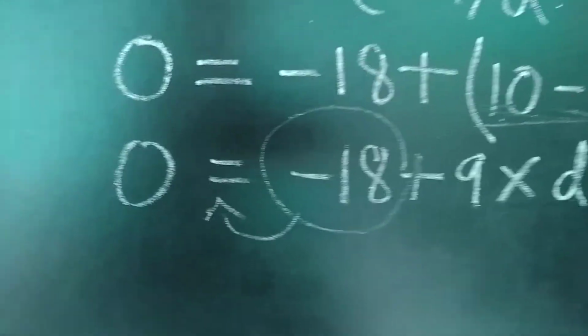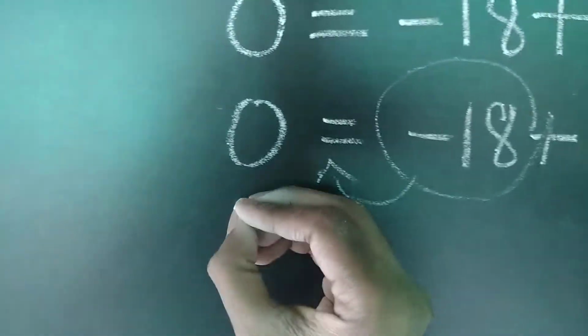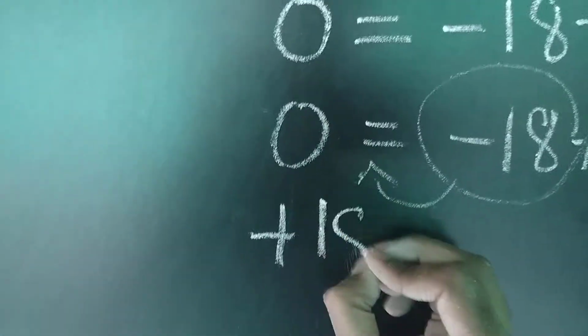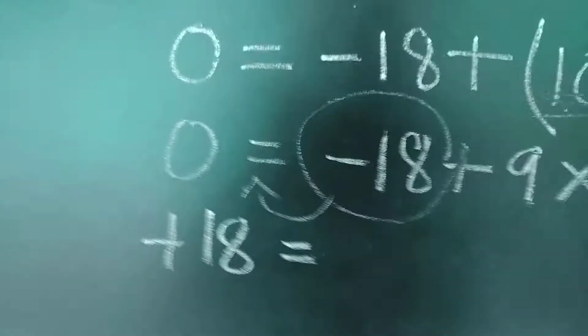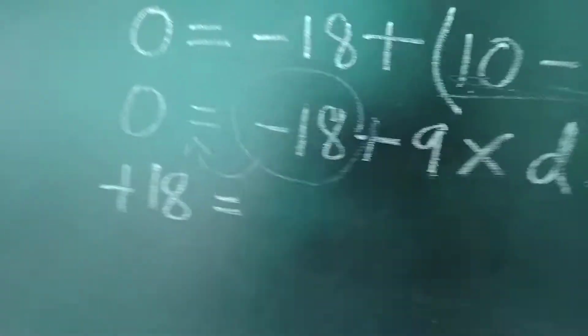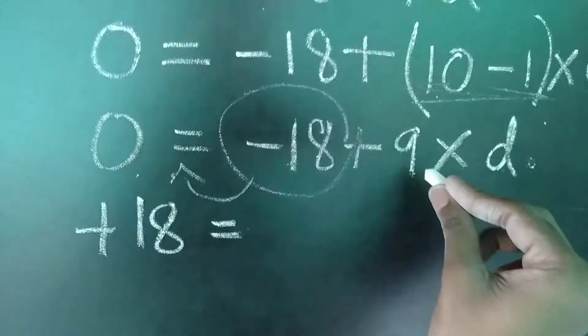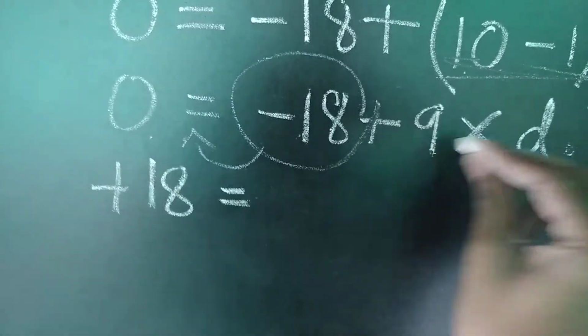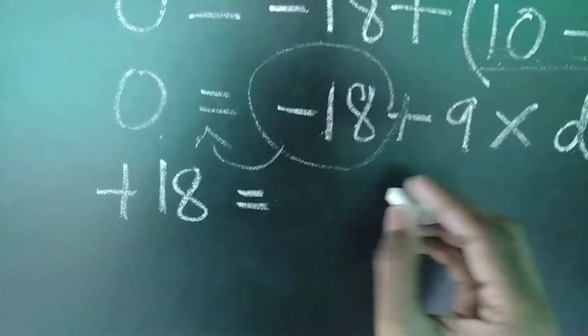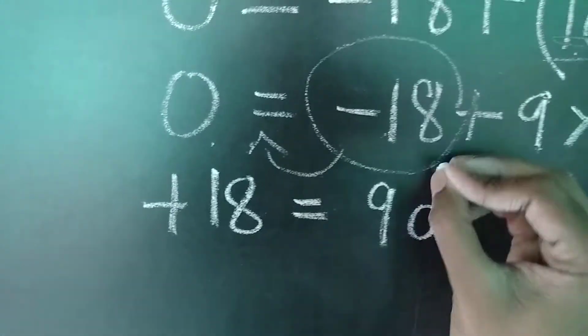If minus 18 goes to the LHS, it will become plus 18. Whenever minus sign goes there, it will become plus, or plus sign goes there, it will become minus. That you are familiar with. So when minus 18 goes there, then what we have in RHS? We have 9 into d. Plus 9 into d is nothing but 9d.